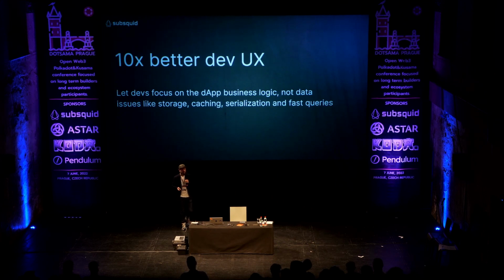And another reason to have an indexing middleware that isolates the blockchain logic from the front-end logic is that it actually gives you 10x better development experience. Because basically your front-end devs may have next to zero knowledge about the blockchain specifics and develop the website or mobile app as if they're building just a Web2 tool.